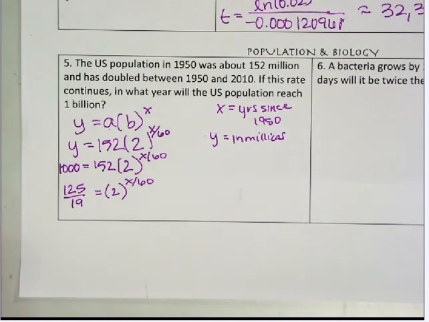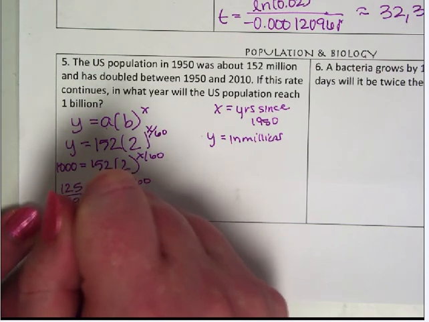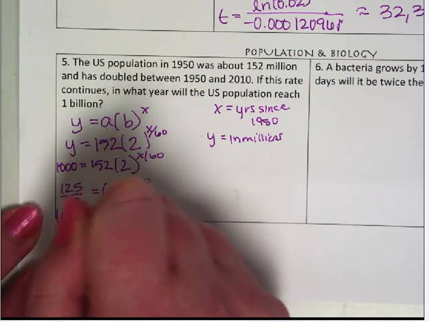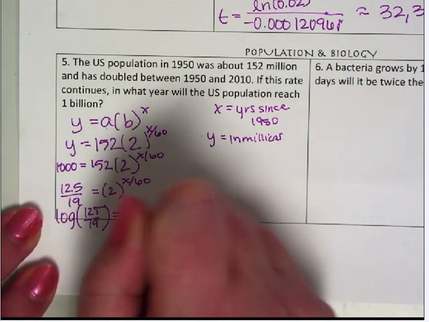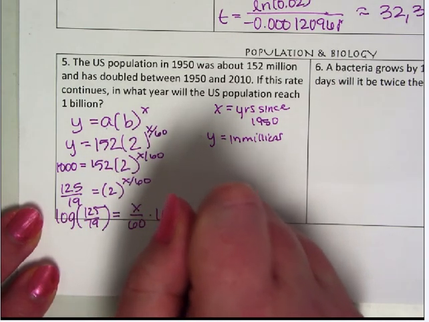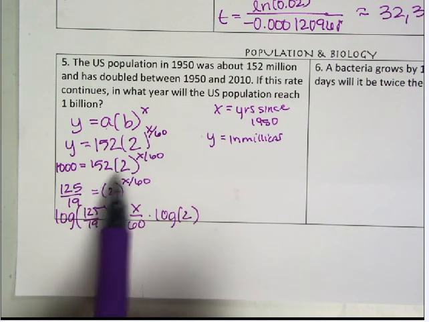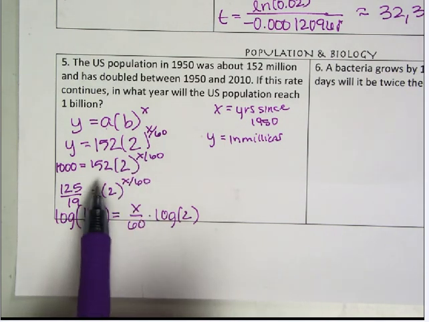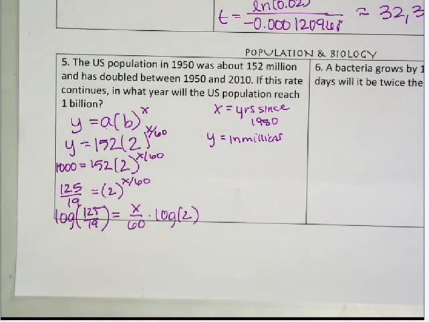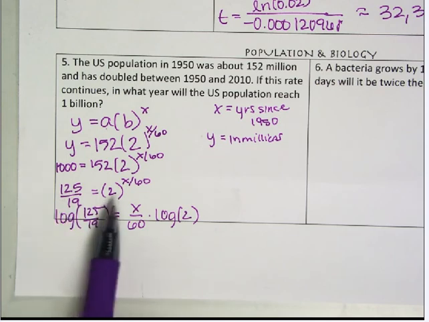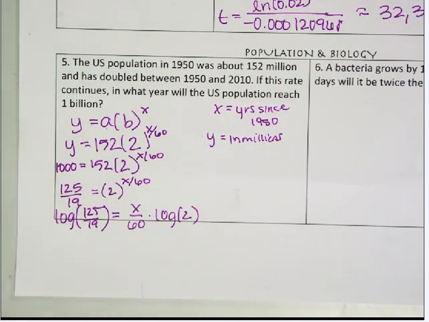Okay. Now we're going to take the log of both sides. So log of 125/19 equals x over 60 times log of 2. And again, when I took the log of the right-hand side, I brought the power out in front. I didn't have to use natural log because I didn't have a base of e, so I'm just using the common log, base 10.